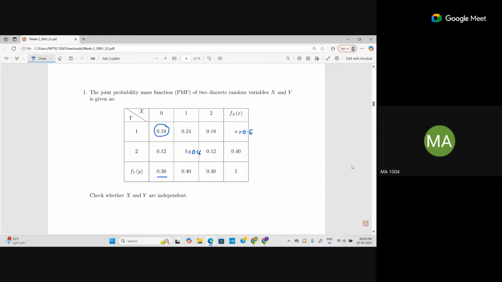Now you have to check. So this 0.18 should be equal to 0.30 into 0.6, which is true, right?